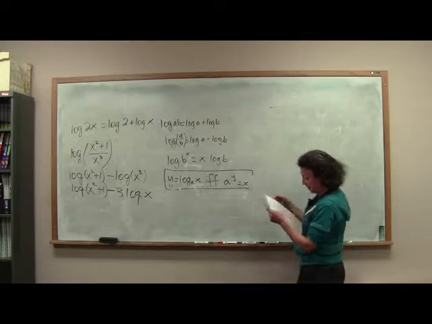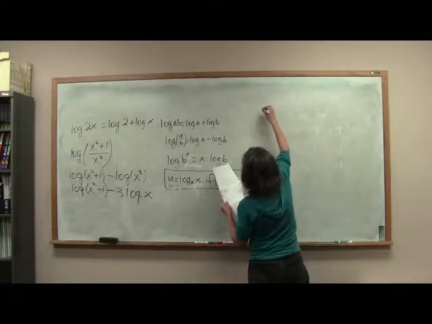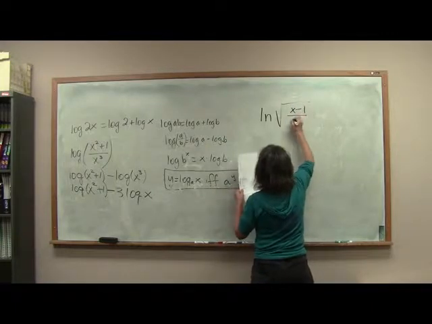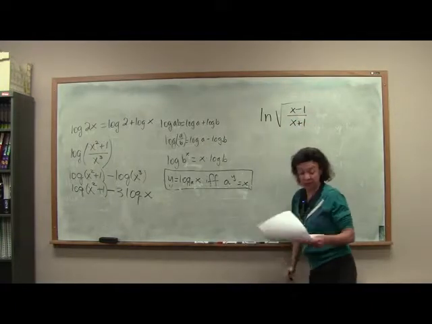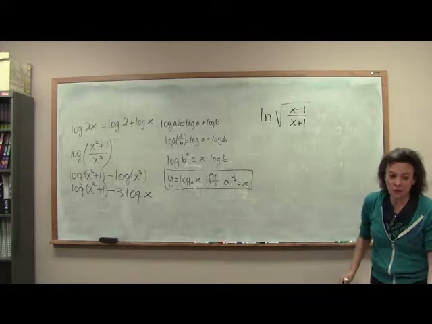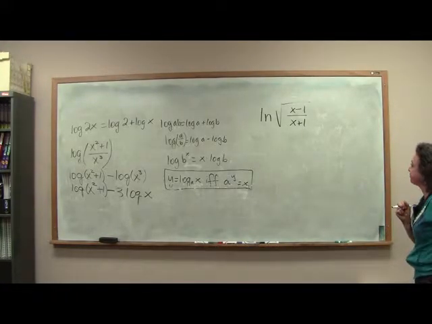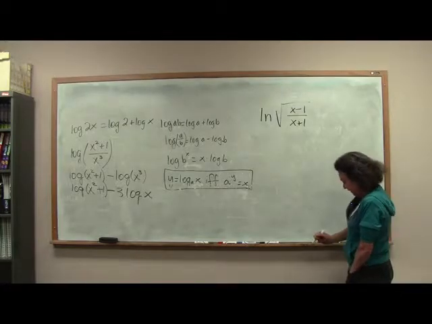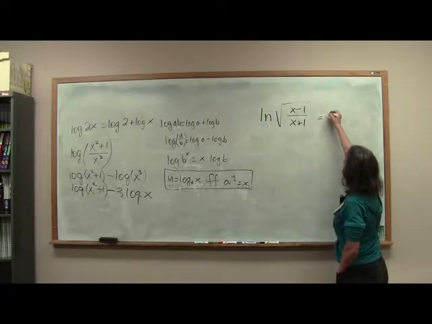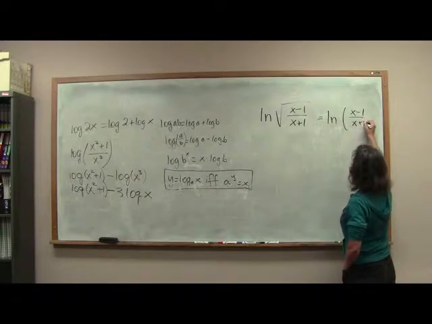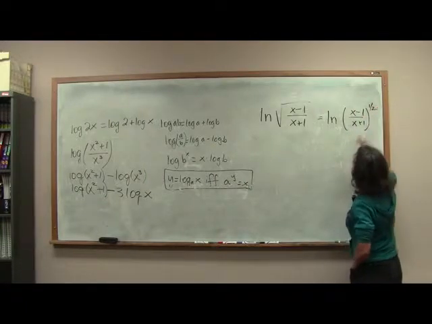Okay, what about this example? What if now I'm taking the natural log of the square root of x minus 1 over x plus 1? I know this looks nasty, but remember, we're not solving anything here. Well, the first thing that I would do is rewrite this as the natural log of x minus 1 over x plus 1 to the 1/2 power.